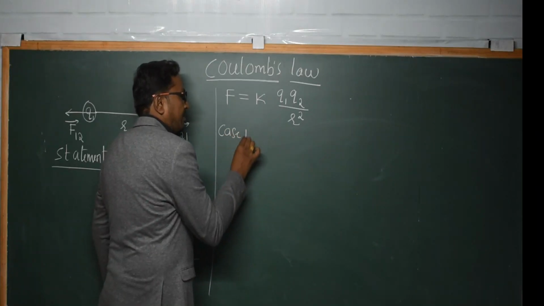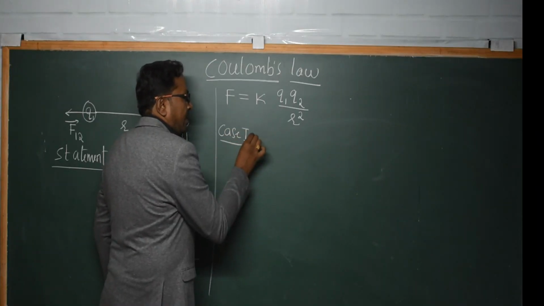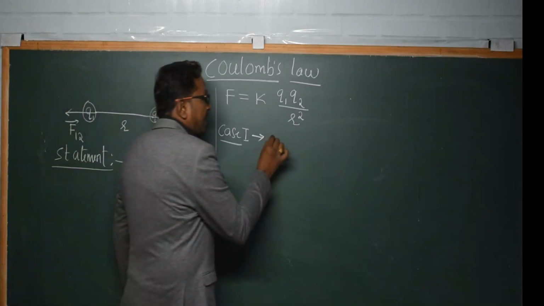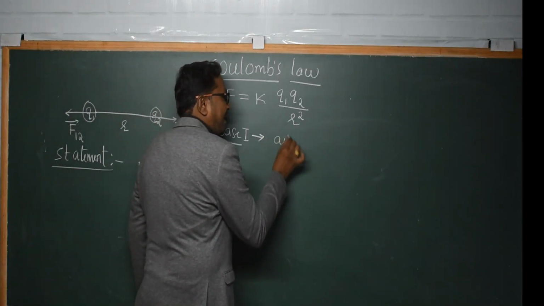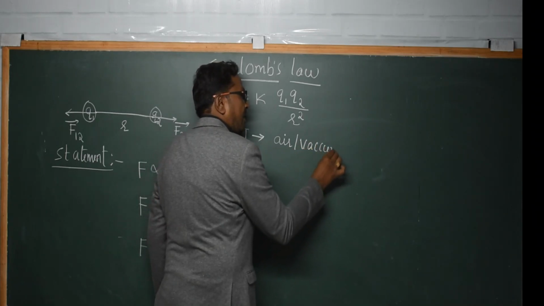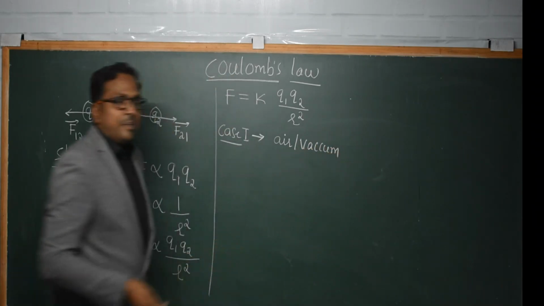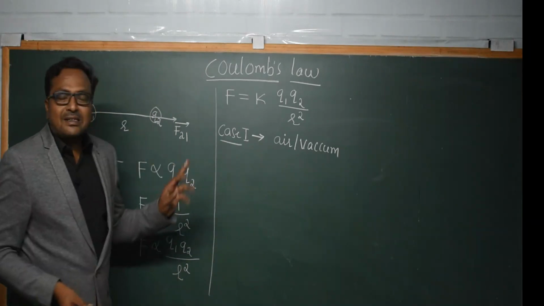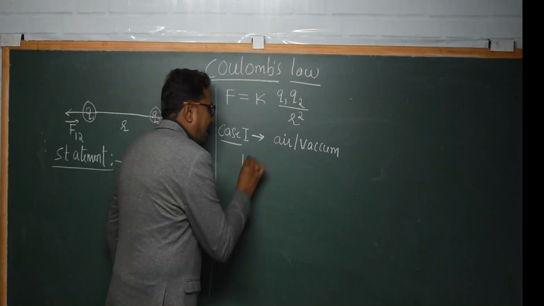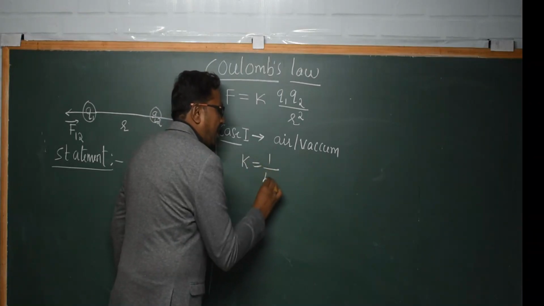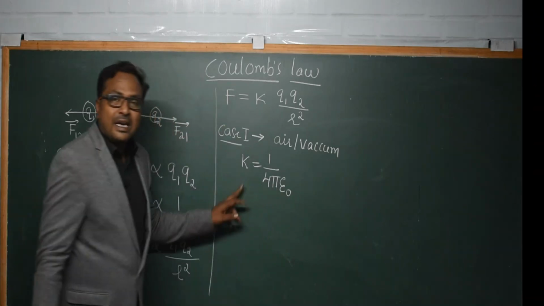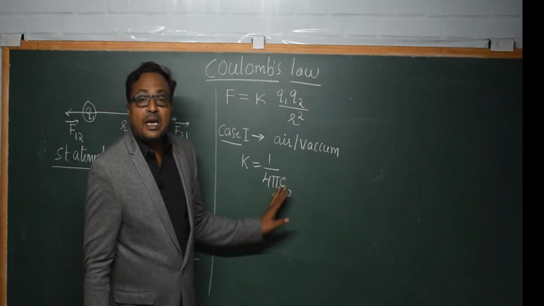In case 1, if the medium between the two charges is air or vacuum, then we can take K equal to 1 by 4 pi epsilon naught.